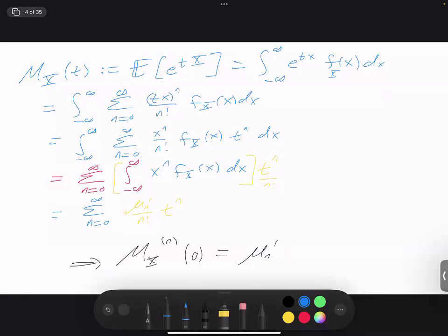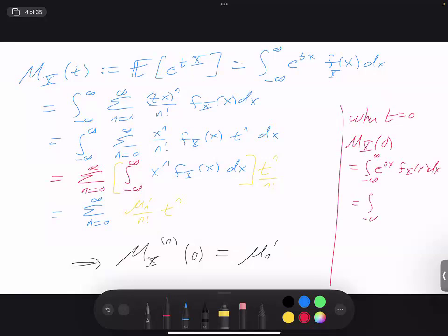When t equals 0, the moment generating function of x at 0 equals the integral from minus infinity to infinity of e to the 0x times the density. Well, e to the 0x is just 1. So you're just integrating the density over all values. What does that equal? Just 1.